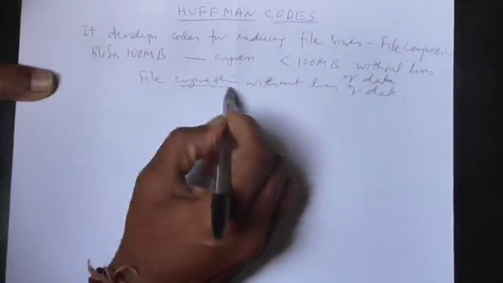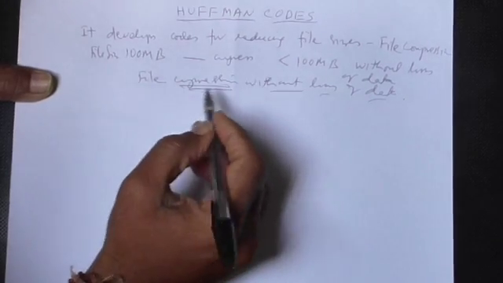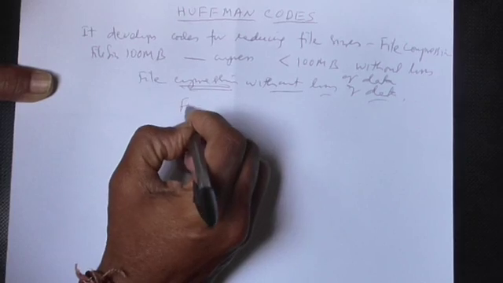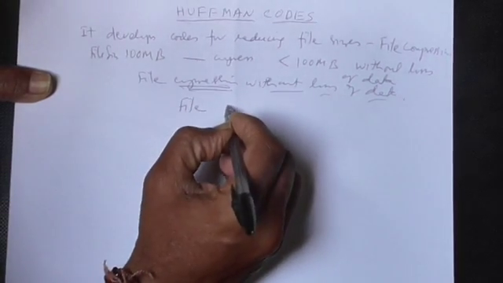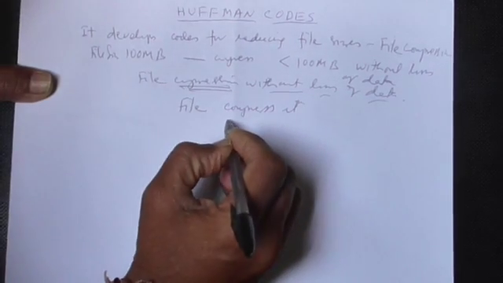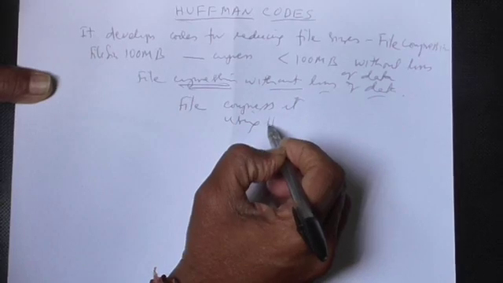So if you want to do this file compression without loss of data, there are two phases. So you have a file, you compress it using Huffman codes.